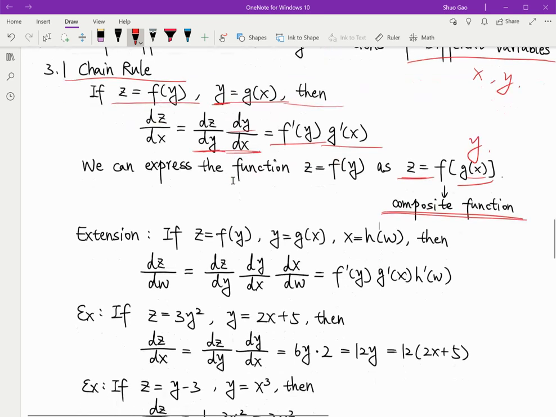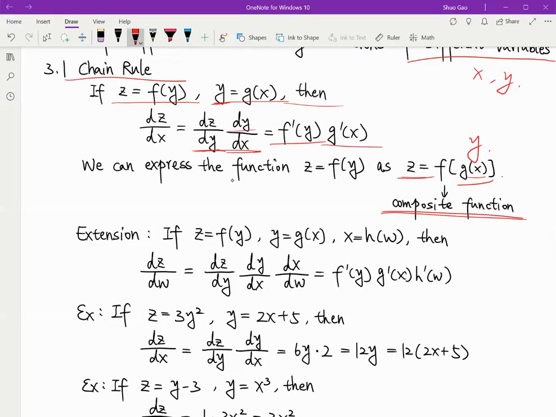Okay, so there's an extension. If we have three variables, like z is a function of y, y is a function of x, and x is a function of w, then in order to find the derivative of z with respect to w, we again use the chain rule to write a long chain: first the derivative of z over y, then dy over dx, and then dx over dw.